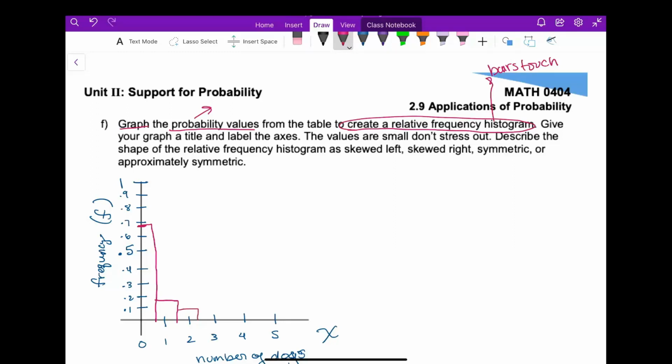There's 3 is 0.02. 0.01 is tiny. And the last one is 0.0064, not even a 0.01. So this one's very small.